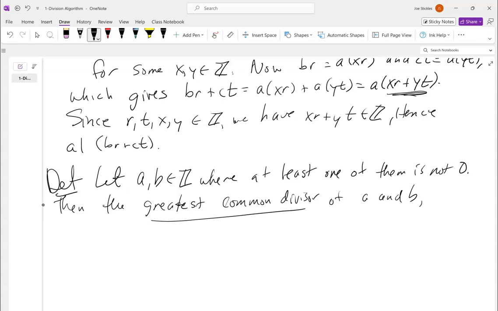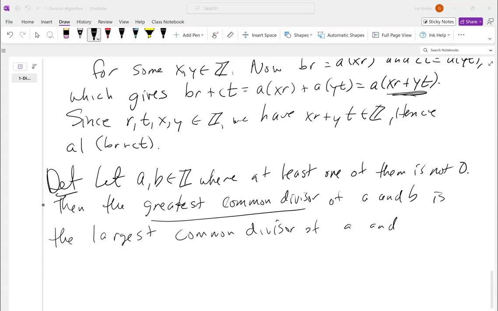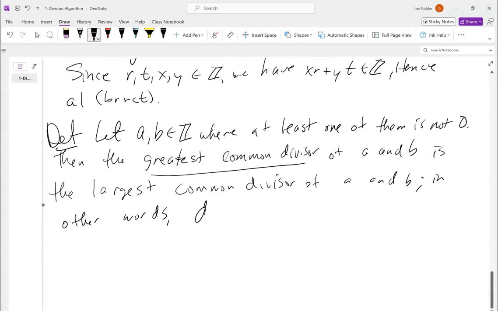The greatest common divisor of A and B is the largest of all the common divisors of A and B. Or in other words, D is the GCD.